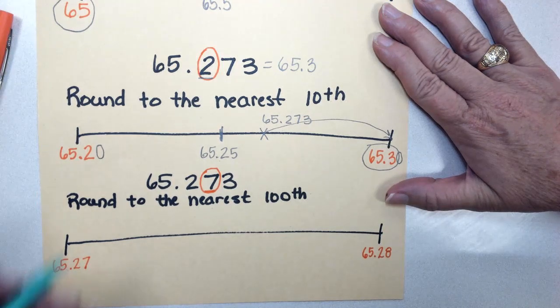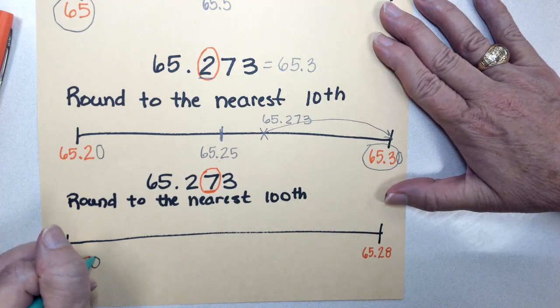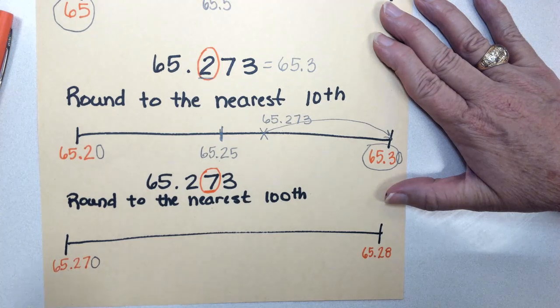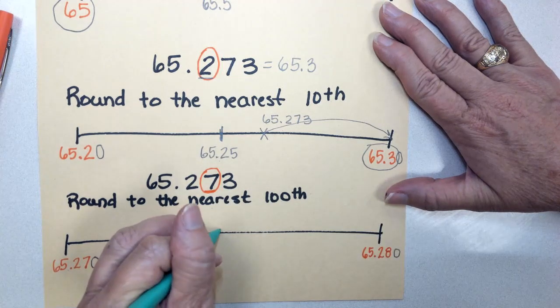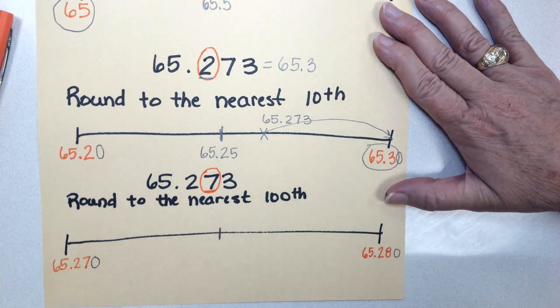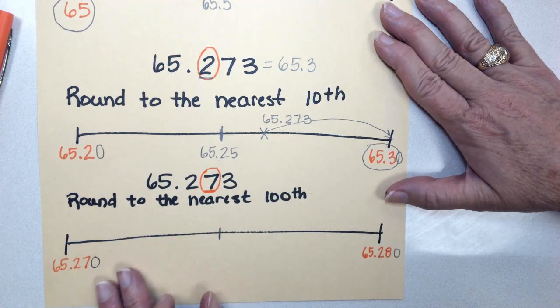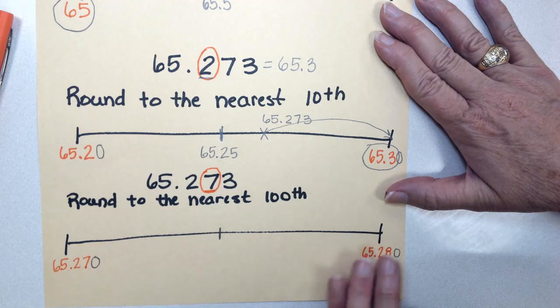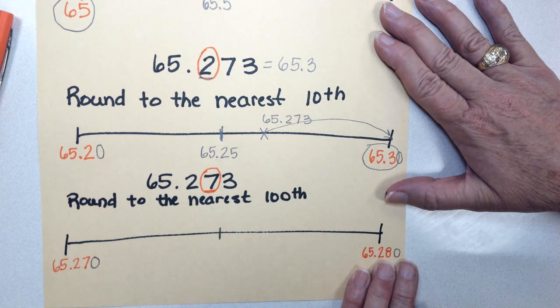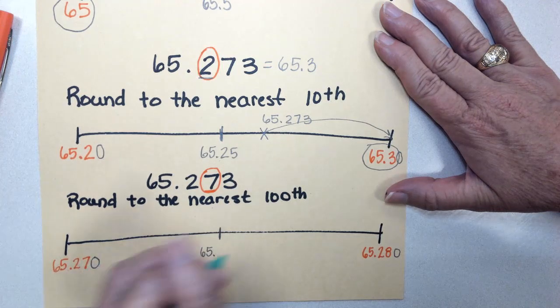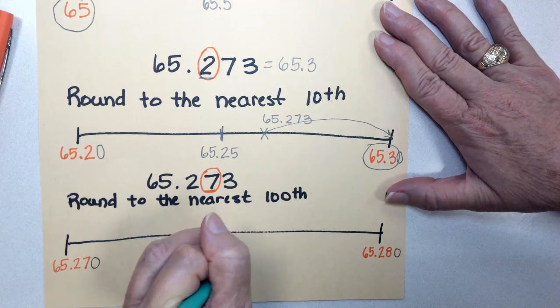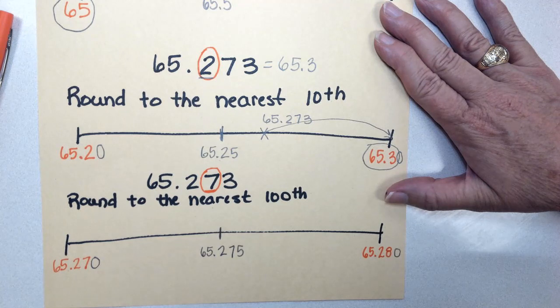If I add a quick 0, that becomes 270 thousandths, and this becomes 280 thousandths. So making my midpoint, I would be thinking about, well, what could be between 270 thousandths and 280 thousandths? That's right. It would be 65 and 275 thousandths.